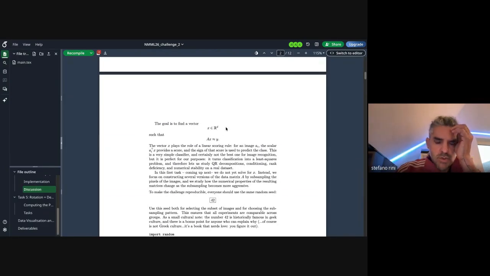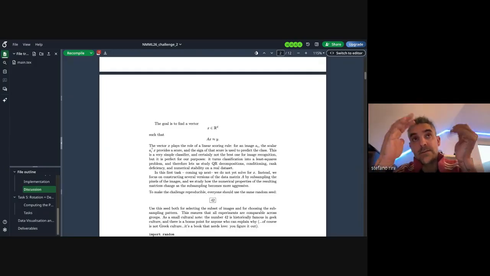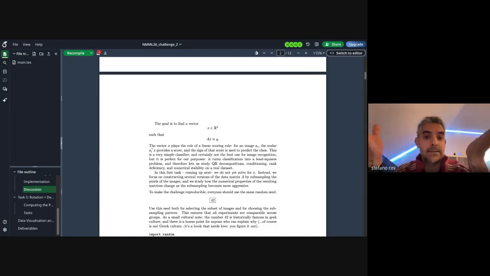The idea is that we want to find the vector x, of dimension R^d, such that Ax is roughly equal to y. The x would be a scoring rule for a certain image, and if somebody gives you a new data set, you will use this to form, let's say, an A test, a test set of the data set, and x will be the same scoring vector, so that you recover this training versus inference setting.